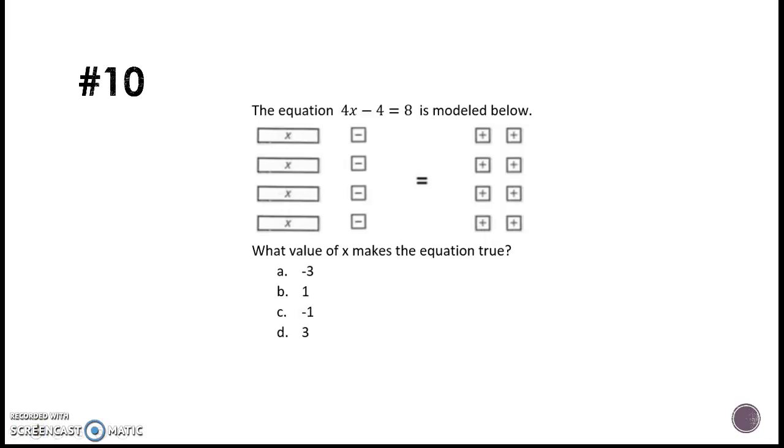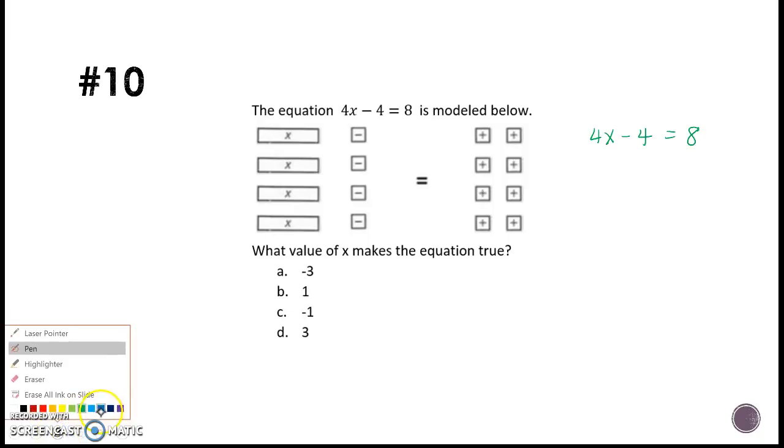Okay, so this problem here is a modeling problem. Modeling problems will always give you the equation and give you the model as well. So you can solve it either way. So it says 4x minus 4 equals 8. So first of all, is there anything on both sides of the equation you can cross out? That's what you want to ask with a model, but there's not in this situation, right?